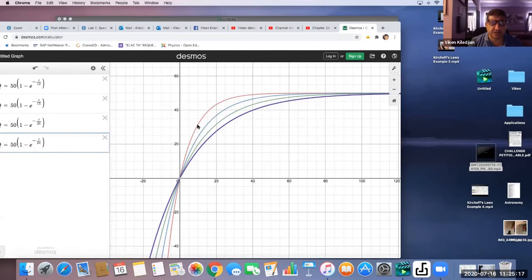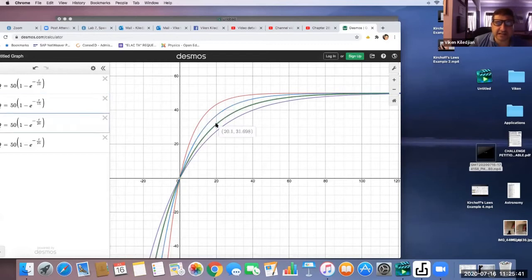So the less resistance, it charges quicker. Its time constant is less, right? So it takes 10 seconds to reach 63%. This guy takes how many seconds? It takes 15 seconds to reach 63%. You see? Because the time constant is 15.